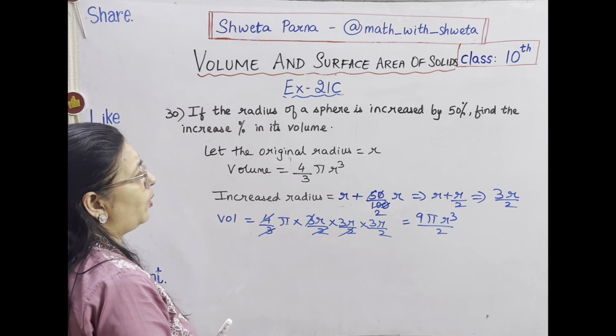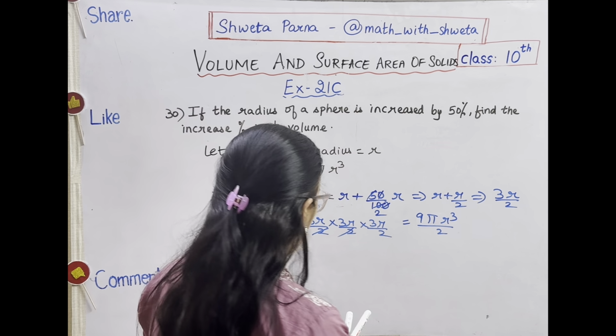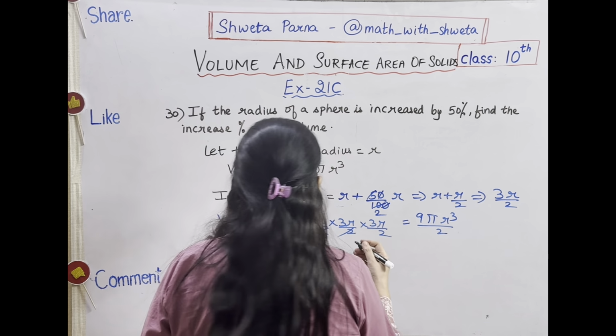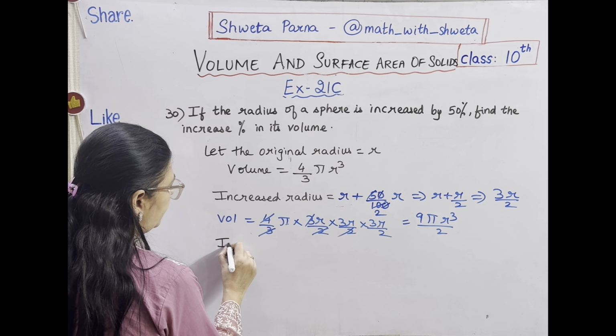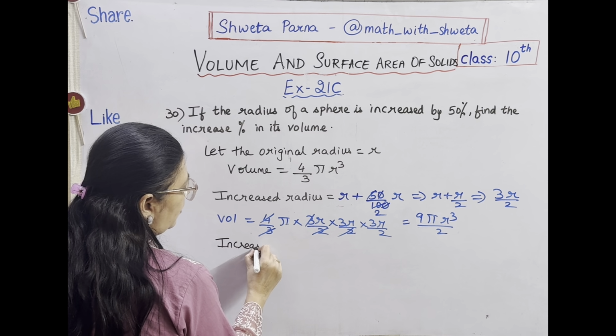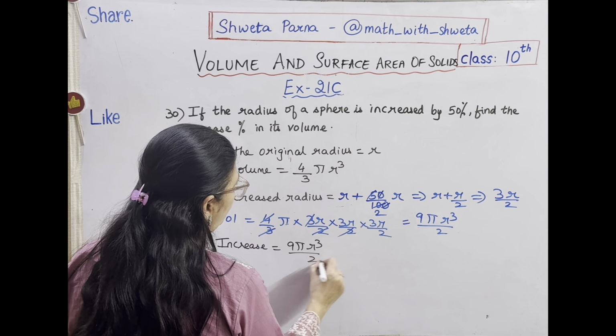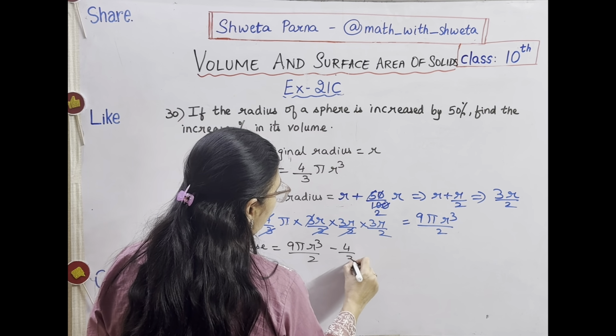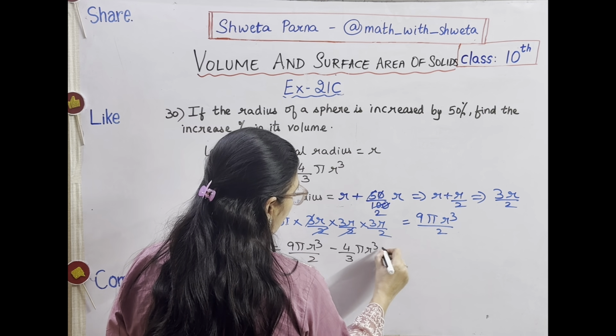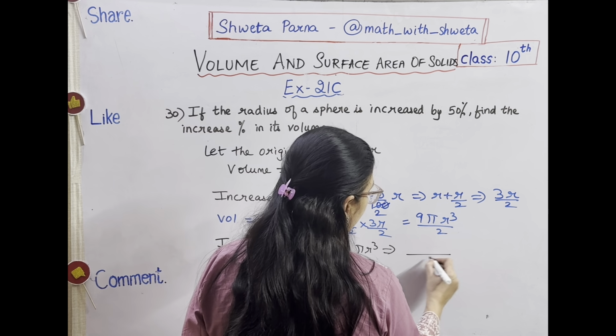Okay. Now, what is the increase? So, let's find the increase. So, increase would be 9 pi r cube upon 2 minus 4 by 3 pi r cube. Take the LCM. LCM is 6.